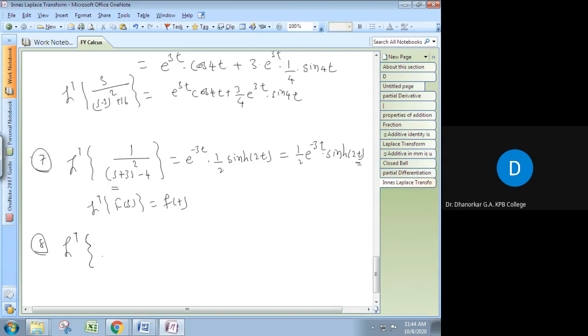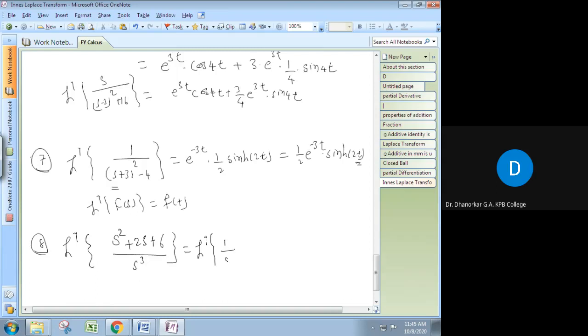Find the inverse Laplace transform of s square plus 2s plus 6 divided by s cube. Now how to find the inverse Laplace transform? Again s cube is there. There is no such formula. Therefore, I will divide by this s cube each and every term of the numerator.